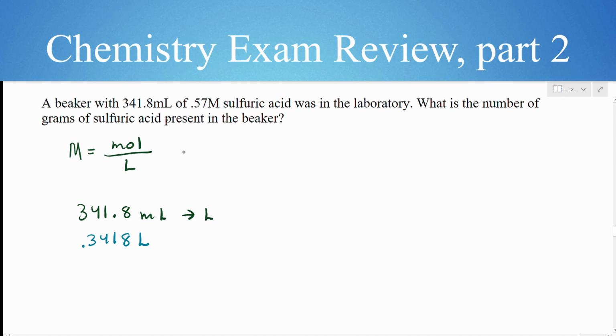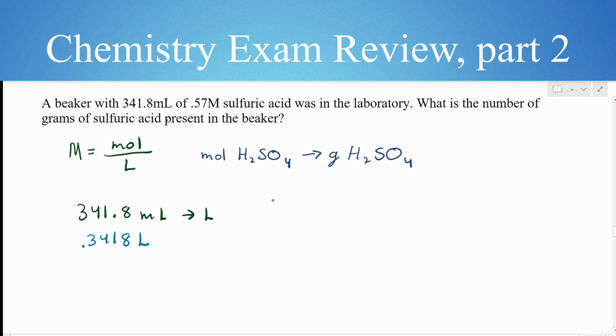So what we're going to do for this question is find the moles of sulfuric acid, which has a formula of H2SO4, and then with this we're going to use the molar mass in order to find the number of grams of sulfuric acid. We need to find the moles first, which we can do using this equation.